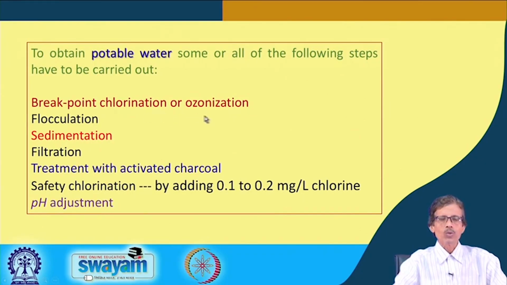Chlorination and ozonization are very important because they can kill the bacteria or germs present in the water, and also some organic material which can be killed by chlorination. That means chlorine can also be utilized for the oxidation process.